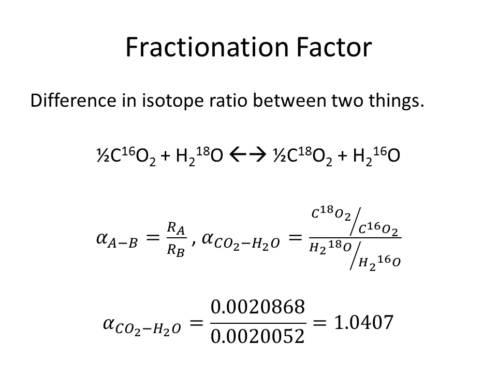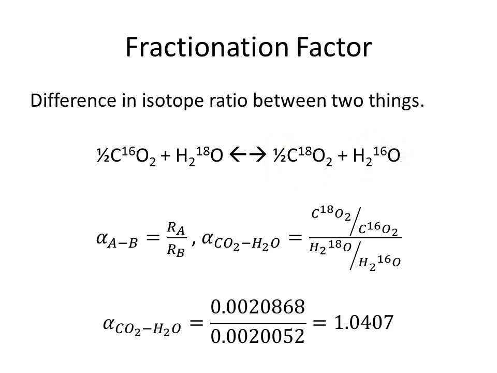In the example here, at the top we've got an isotope exchange reaction. You'll notice that on one side of this equation you've got CO2 and water, and on the other side you've also got CO2 and water.